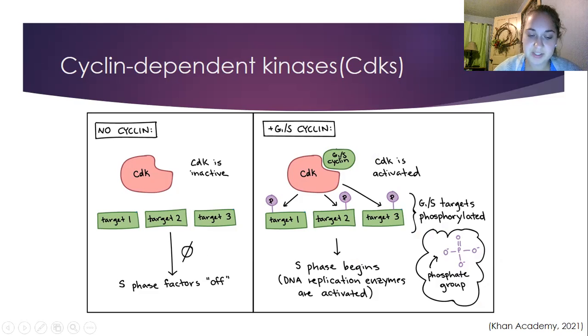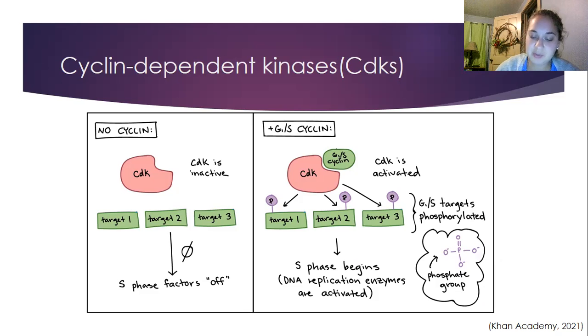When a target protein is attached to, the phosphate turns off the protein, or it can turn it on and make it more or less activated. They refer to this as a light switch, if you will, because it's turning it on or off, so less or more. And when the cyclin-dependent kinase attaches to the cyclin, it activates and directs it to those target proteins, which will then be in regards to whatever cell period it is in.